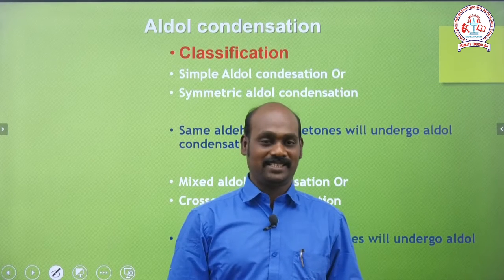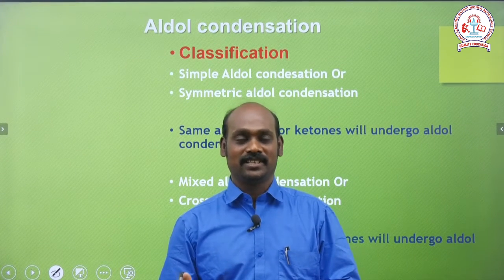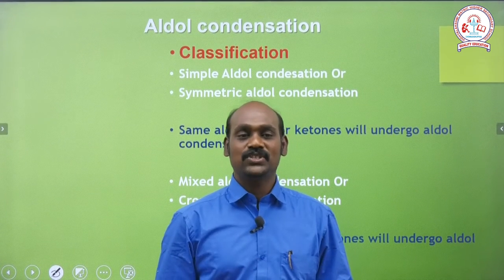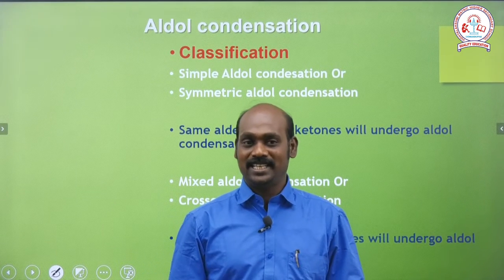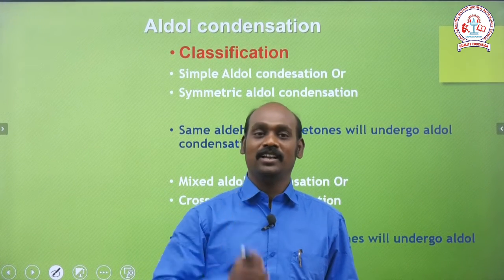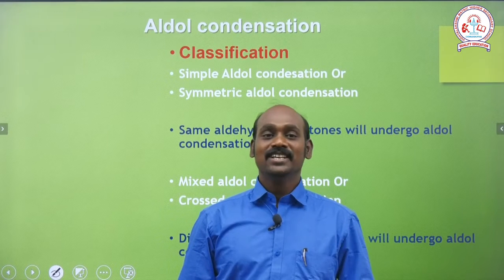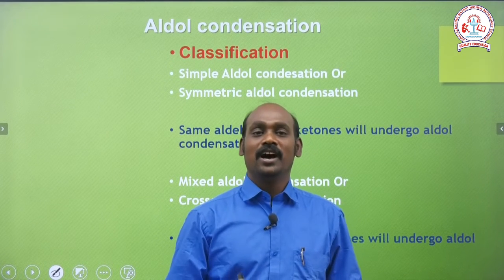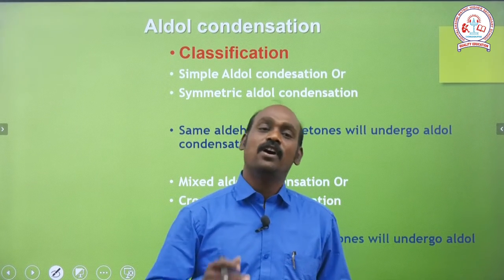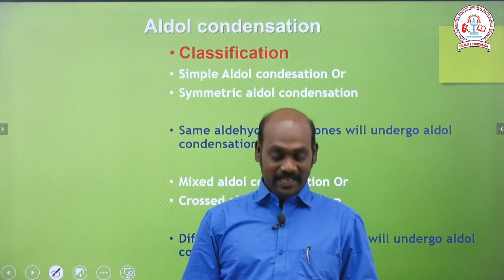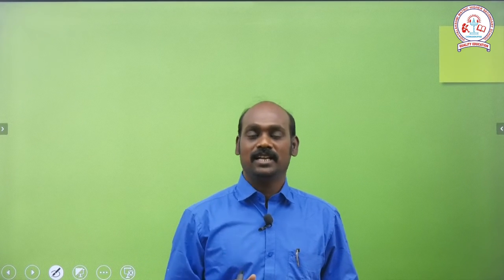When two different aldehydes or ketones undergo Aldol condensation, it is known as crossed or mixed Aldol condensation. Clear? Now we are going to write the mechanism of Aldol condensation. In the mechanism of Aldol condensation, there are three steps involved.